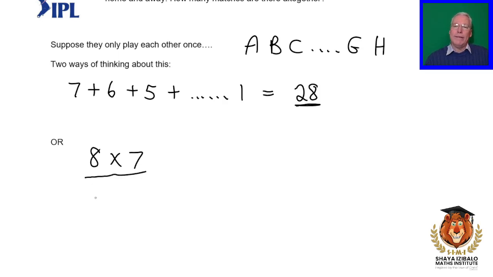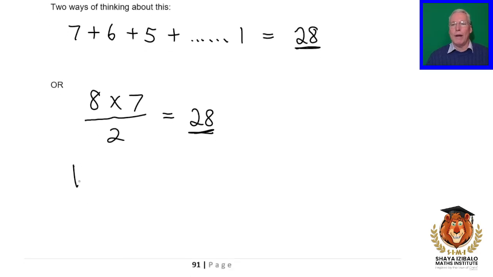Now, we would need to divide that by 2, because when we count it like this, we're counting both when A plays B and when B plays A. So we divide by 2 to get our final answer, and we get 28. Both of these numbers are the same. That's if they only play each other once. Obviously, with home and away, this number will go up to 56.